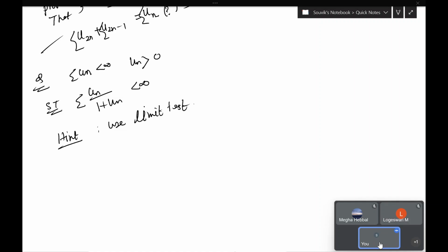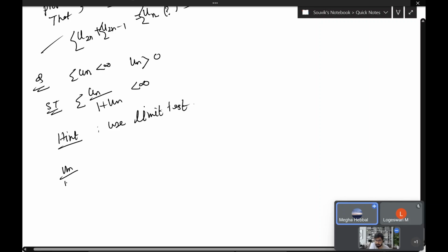Are you able to solve this? Yes, sir. So we take the limit as n tends to infinity of (un by 1 plus un) whole divided by un.